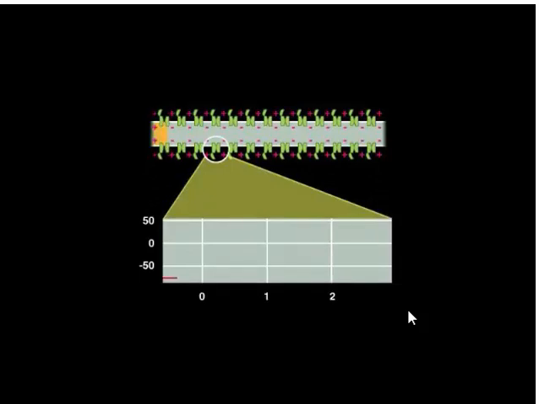As a depolarizing stimulus reaches our section of the membrane, sodium channels open and current flows into the axon. This in turn depolarizes adjacent sections of the membrane, causing adjacent sodium channels to open, and the action potential is thus propagated along the axon. Sodium channel inactivation prevents the depolarization from spreading backward along the axon.